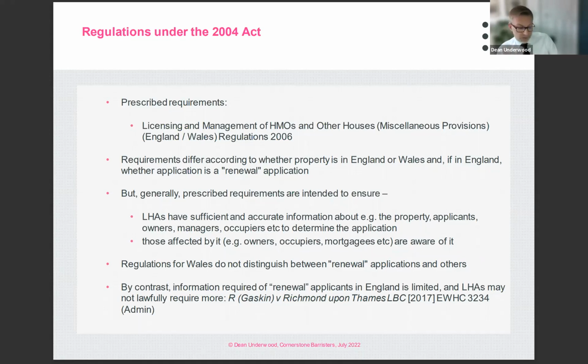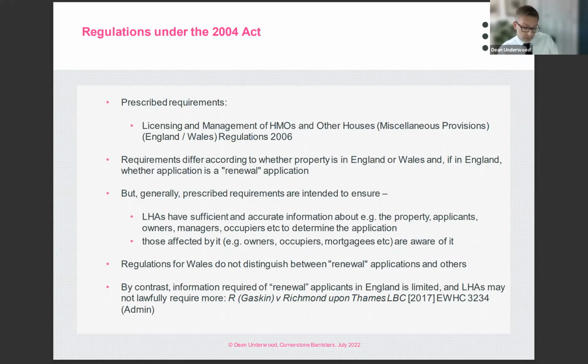He goes on, however, to say, and we may look at this again later on in the presentation, there would be nothing wrong, however, with an application form inviting the landlord to give names on a renewal application, so long as it is made clear that this is voluntary.